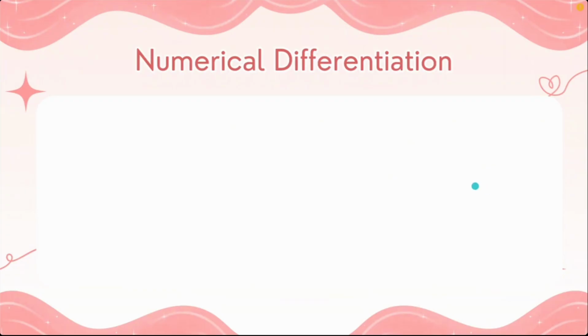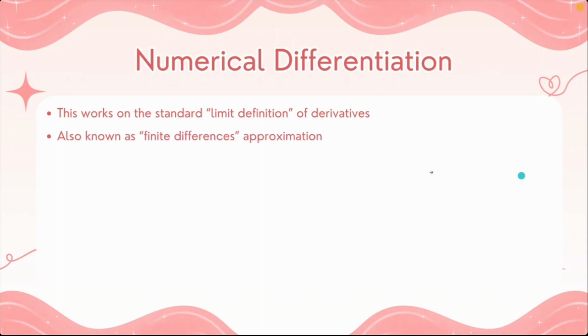The second thing that we can do is numerical differentiation. Numerical differentiation works on the standard limit definition of derivatives. That is, the fundamental derivative is just the rate of change of a function when the input parameter is tweaked, right? So these are all finite differences. What the limit definition says is, let's say you have a function, you evaluate it at two or more places.